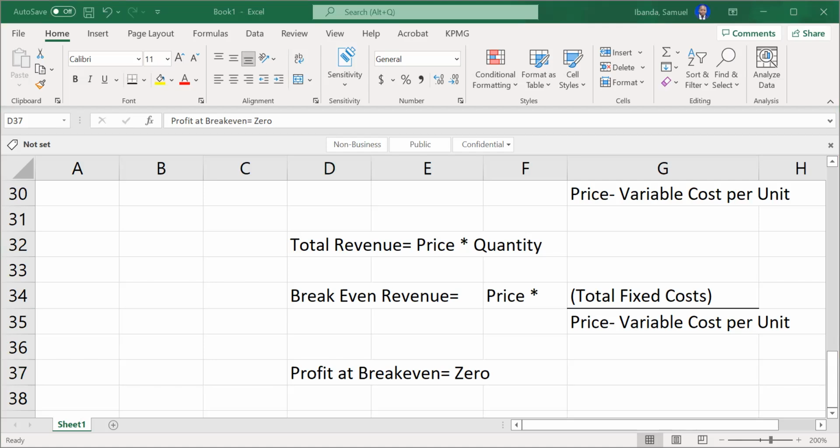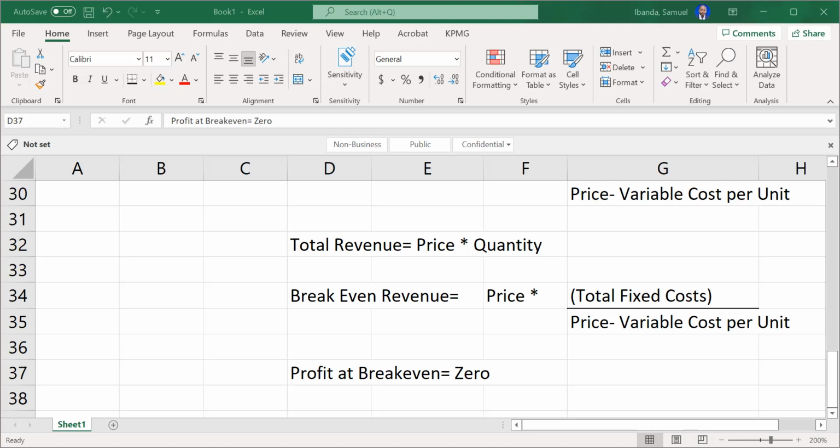Even after break-even, are we saying that these businesses will continue to make profits? We have another thought. We usually call it the economic CVP curve.